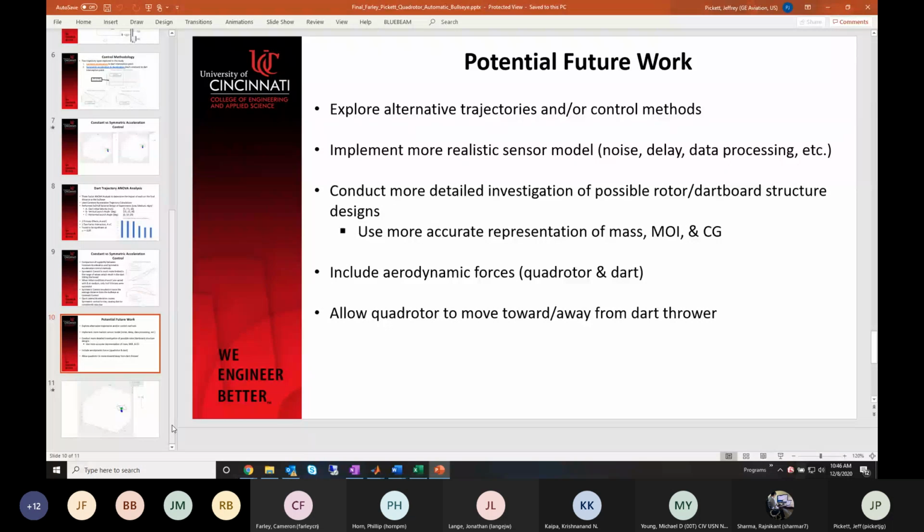And then also include aerodynamic forces, more accurate representation of mass and moment of inertia, and then also allow the quadrotor to move forward and backward out of its initial plane, which would increase the radius around the drone where it could catch the dart, because it could move further away or closer to it depending on how the dart was initially thrown. We did not include that because that would significantly increase the number of paths it could take to the drone.